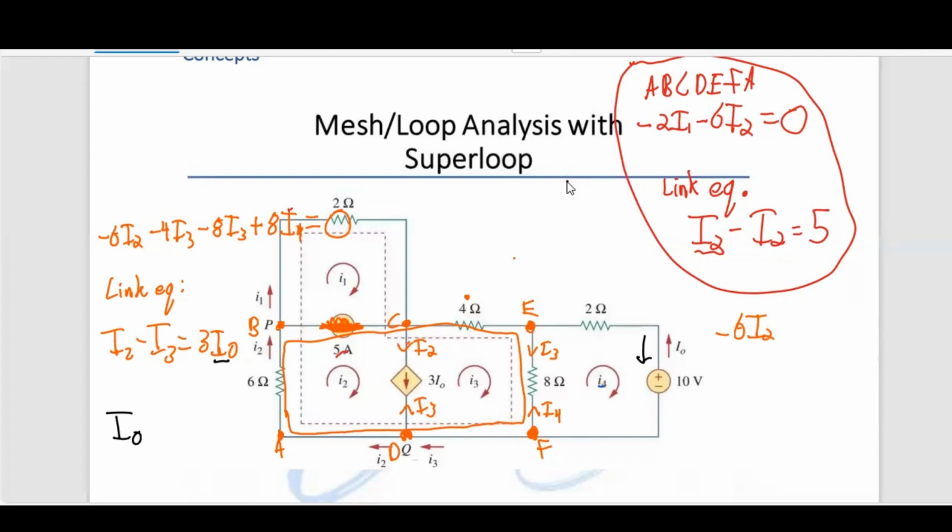IO is going against I4, so IO will just be minus I4, going against what I assumed. If I assumed all loops were anti-clockwise, going in this direction, I4 would equal IO. But since I assumed the loops went clockwise, and they gave me IO going down, which is against I4, IO just equals minus I4. Yeah, polarity is important.